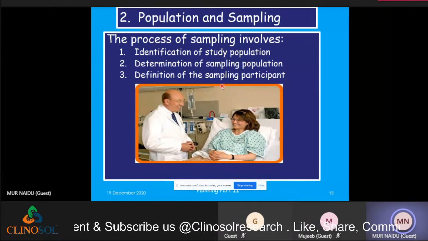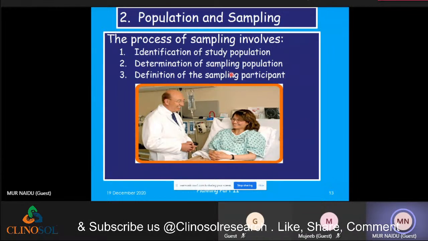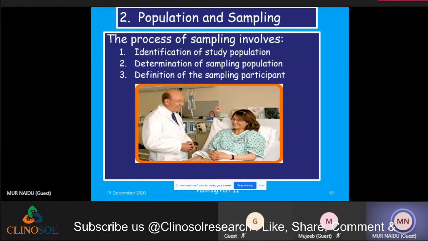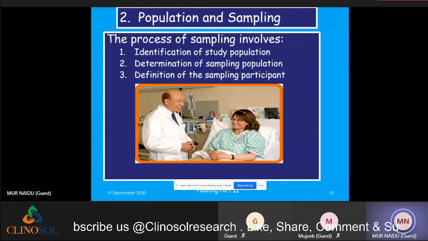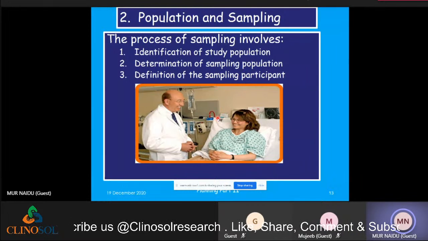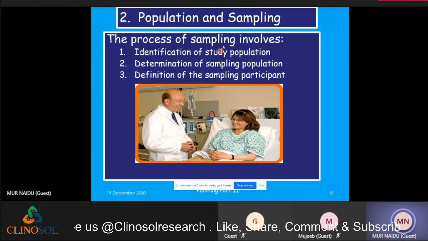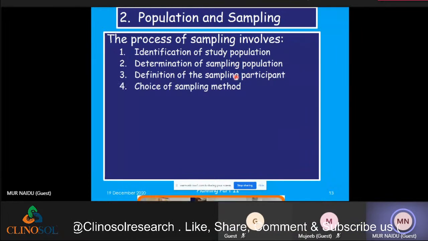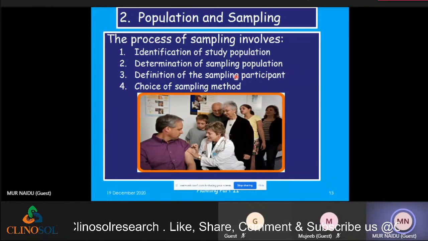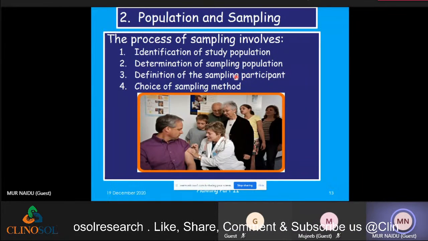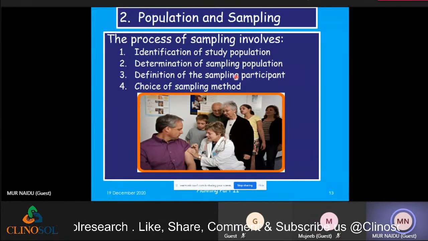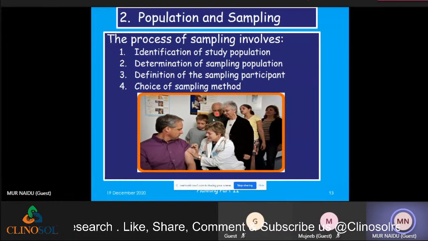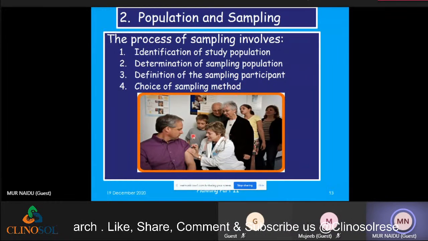The third thing is that you have to clearly define the sample participant: which patient you want to include into your clinical trial. The fourth one is the choice of sample method. You want to do random sampling or what type of sampling you want to do. You want to do the initial screening.